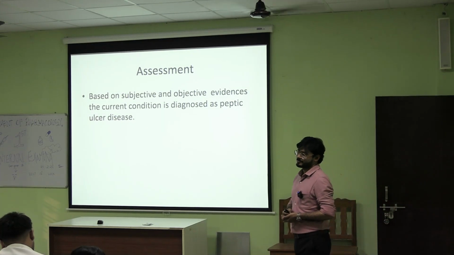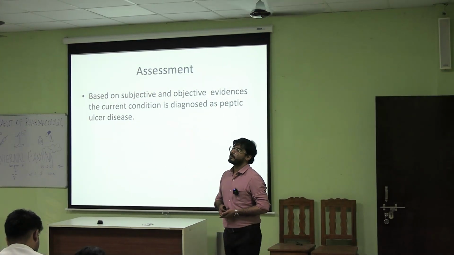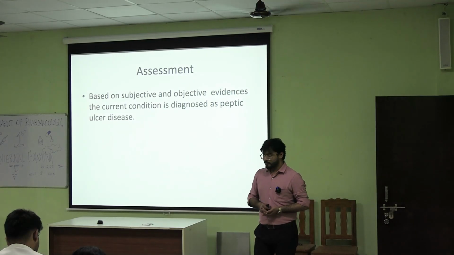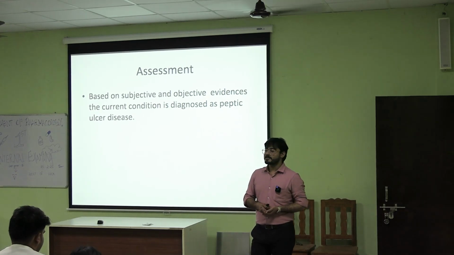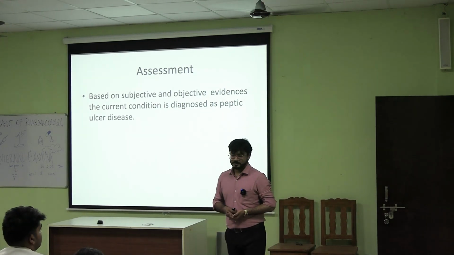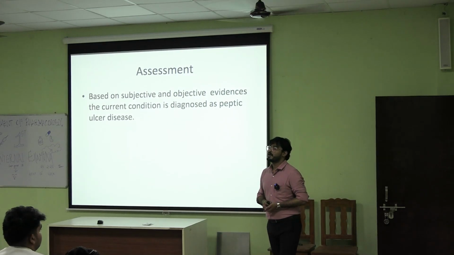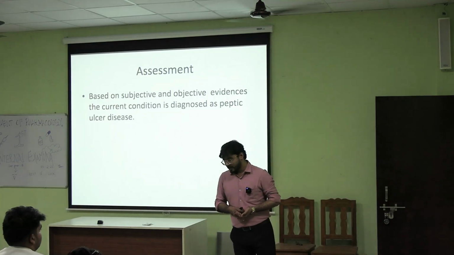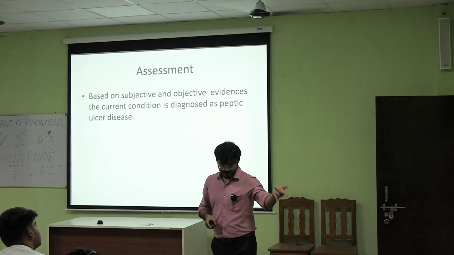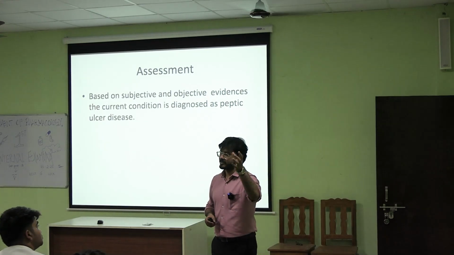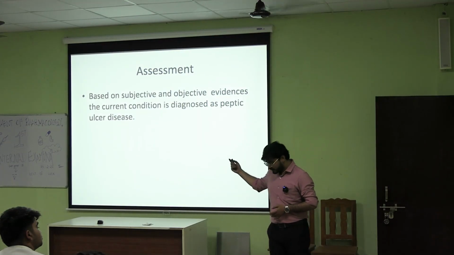See, when H. pylori gets attached to your stomach epithelial lining, it produces an enzyme. Don't you know its name? Urease. Urease enzyme. Now when this urease is formed, it increases the production of acid. Now this is the pathophysiology of H. pylori.